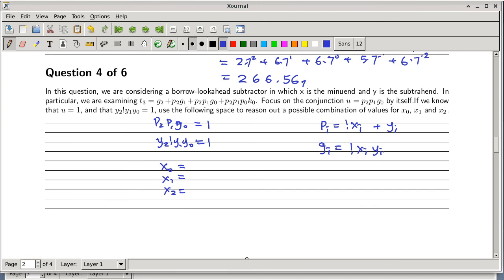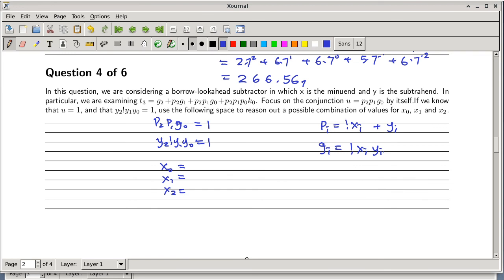Okay, so that's useful. But in order to solve this puzzle, it would be helpful if we know the individual bits of y. So knowing that y2 and not y1 and y0 is a 1, does that tell you about the value of each individual y? Yes, very good.